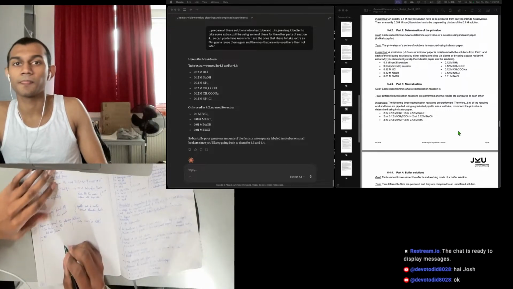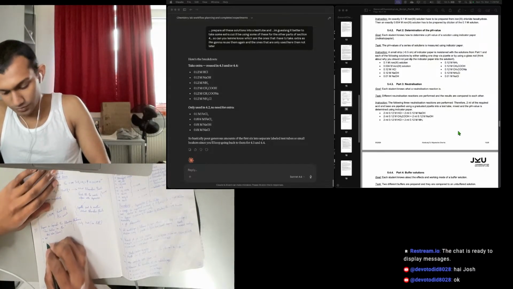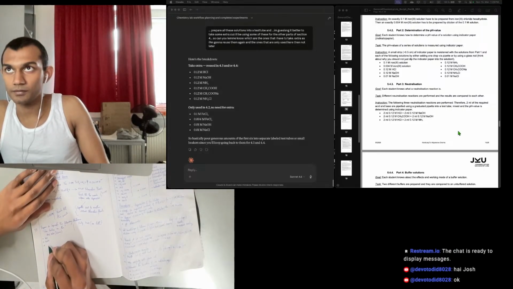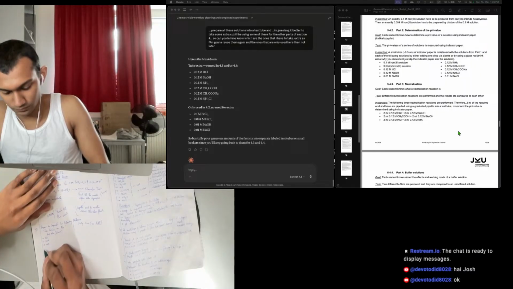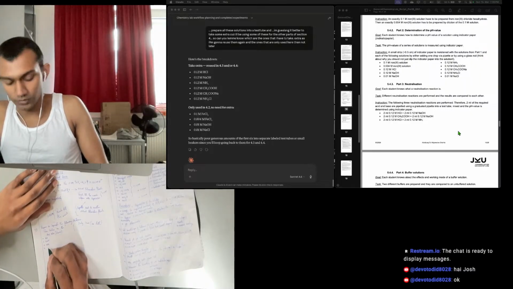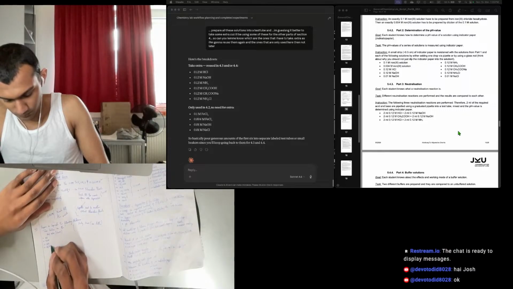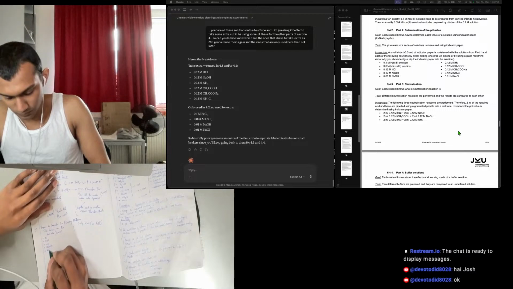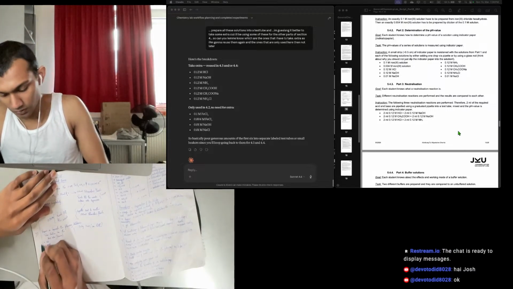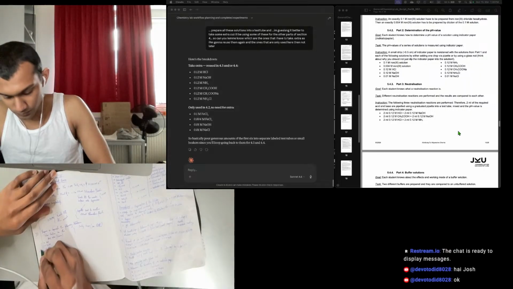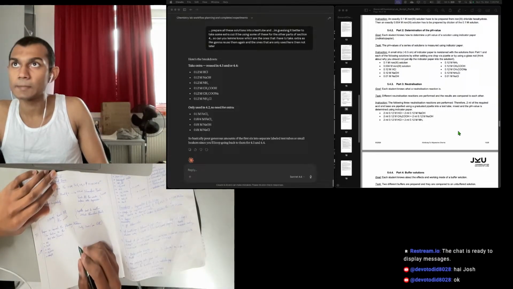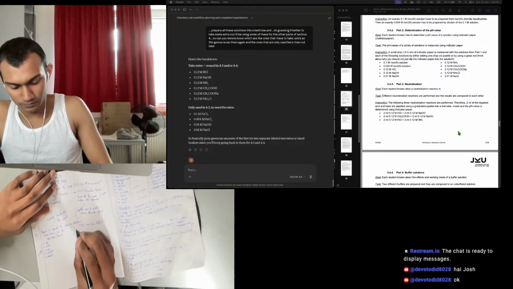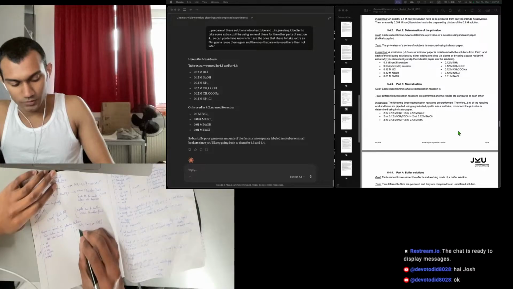HCl, NaOH, NH3, CH3COONa, NH4Cl. 0.12, 0.1 more.